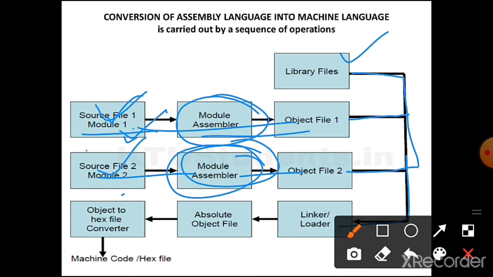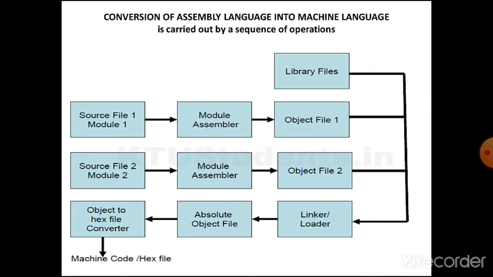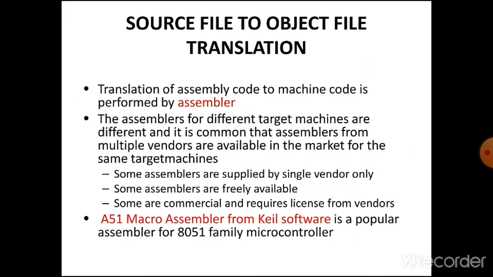The linker and loader link the external references, and also load these object files into memory. Then it is converted to an absolute object file. Then it goes to an object to hex file converter, and we get the machine code or hex file. This is the procedure for converting assembly language into machine language. So we will describe each one.